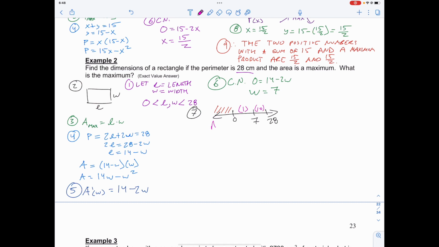And my A prime of W is going to be positive. Then it's going to be negative, which means that my A of W is going to be increasing. Then it's going to be decreasing, which means that that is a max.